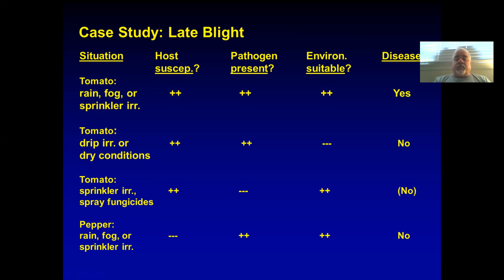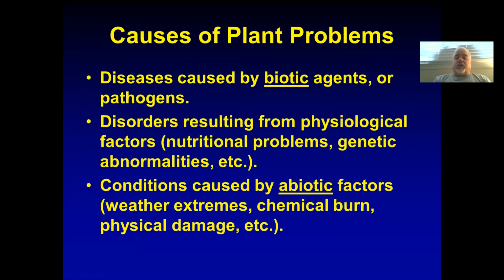But you can see only if you have all three, susceptible host, pathogen, and a suitable environment, you have to have all three in order to have a possibility of getting disease.